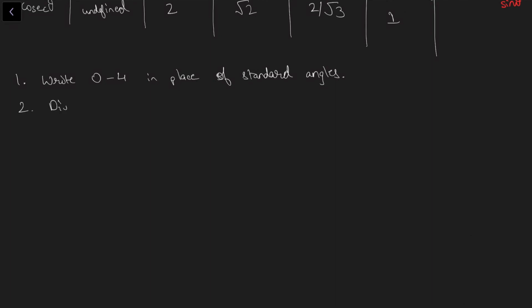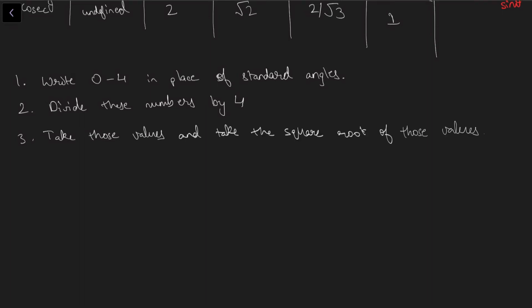Then divide these numbers by 4, and then take the square root of those values, and then simply put these values in place of sine theta.